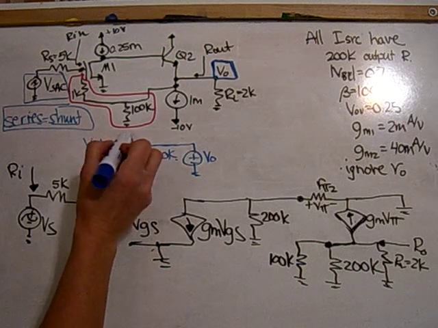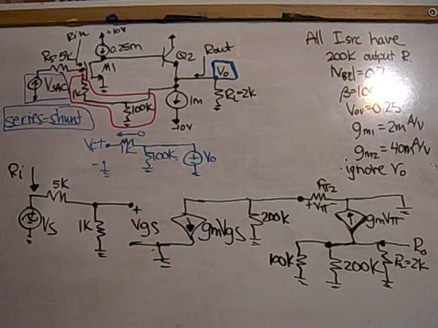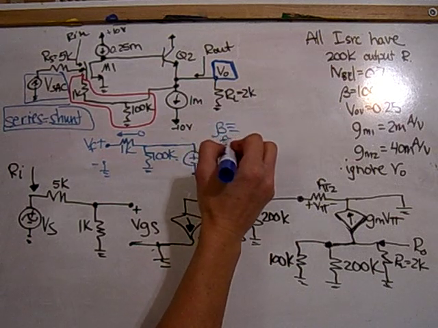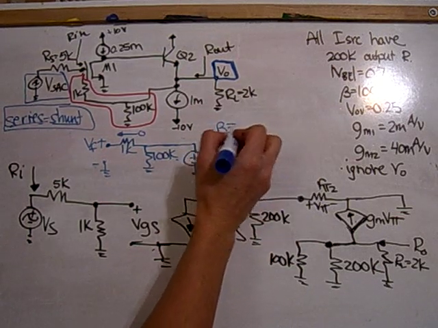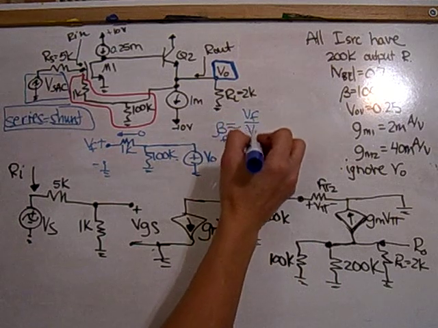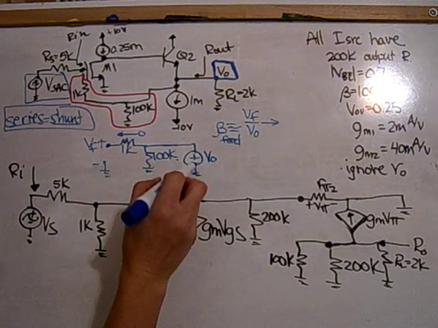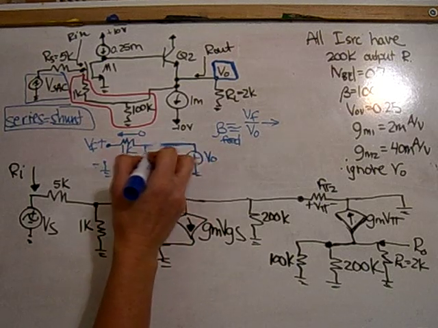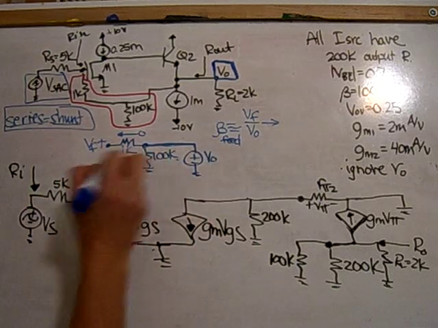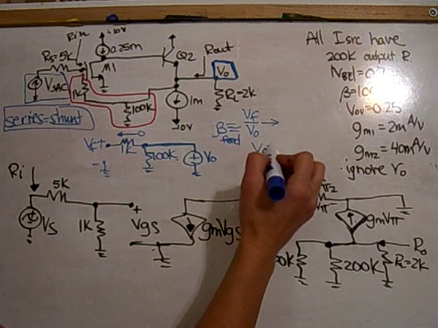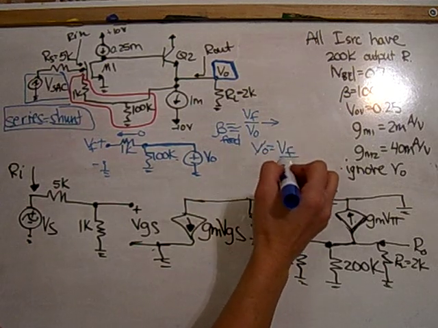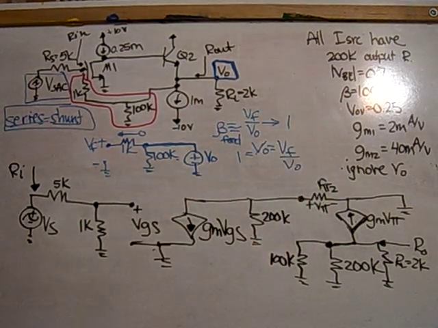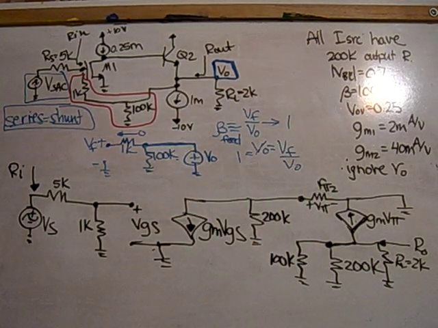So I see that this is floating, so no current is going to flow there, and beta feedback, which is going to be my feedback beta, is VF over V0. So I need to find an equation with V0 in terms of VF. Well, I see that without any current flow there, this is the same wire. So V0 equals VF, and then I divide by this, and I get that this is equal to 1. So beta feedback is a value of 1.